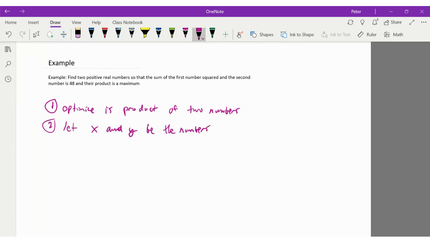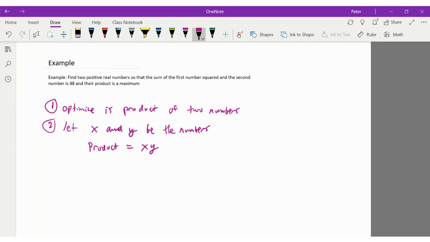The numbers are positive, so that's going to tell us something about the domain. The sum of the first number squared and the second number is 48. So let's actually write out the product. The product is equal to xy, but we know we're going to have to eliminate one of the variables.